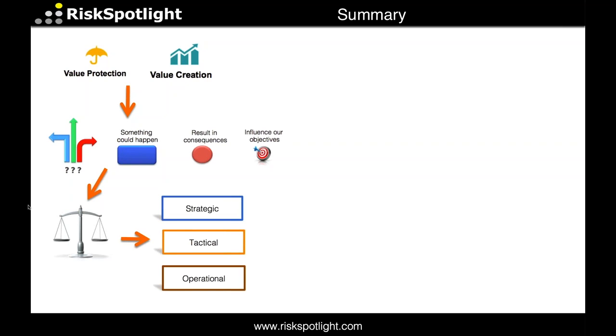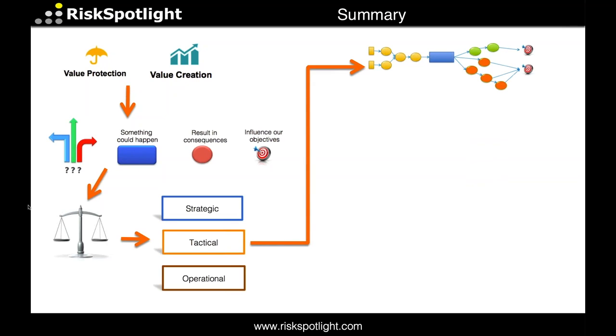Then we looked at the strategic, tactical, operational objective separation, and operational risk again exists around all of those objectives. Then once we've identified the uncertainties, we looked at the concept of risk chain. So how can you start organizing all that information in a structured way? And then you do your analysis, so you can find out what your top risks are and which risks you are doing okay on.